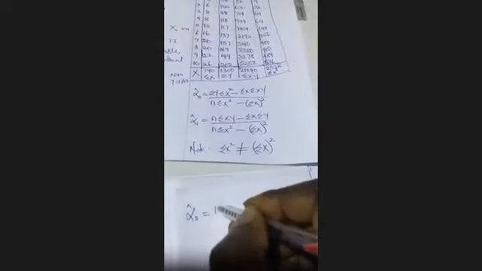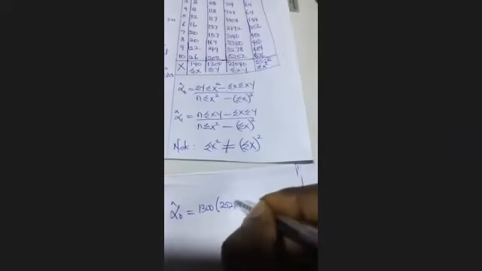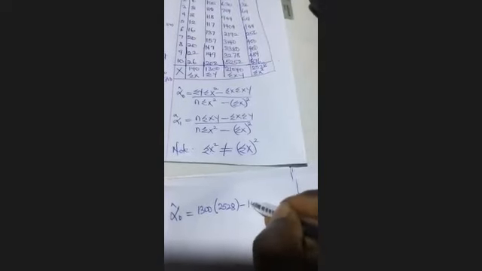Alpha naught cap equals summation Y, which is 1,300, multiplied by summation X squared, which is 2528, minus summation X. Summation X is 140.